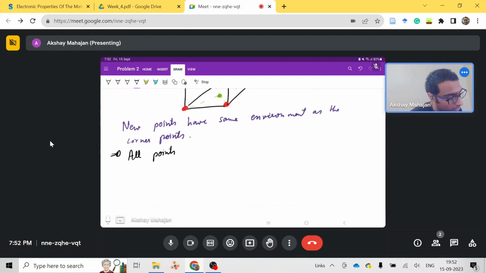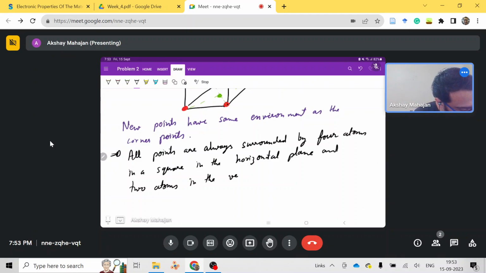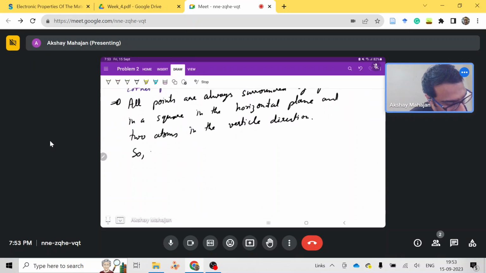So odd points are always surrounded by 4 atoms in a square in the horizontal plane and 2 atoms in the vertical direction. So it is a Bravais lattice.